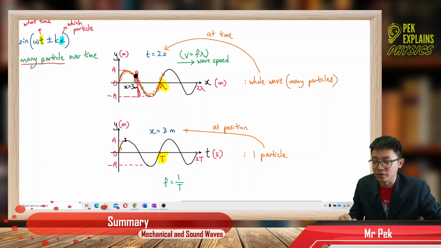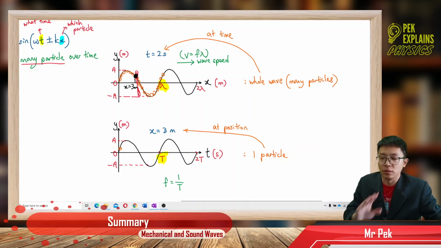So this graph can give us the period, because it shows how much time it takes to complete one oscillation. The time to complete one oscillation is one period. The displacement versus distance graph shows the whole wave profile at a certain time, but the displacement-time graph shows the oscillation of one particle over time.